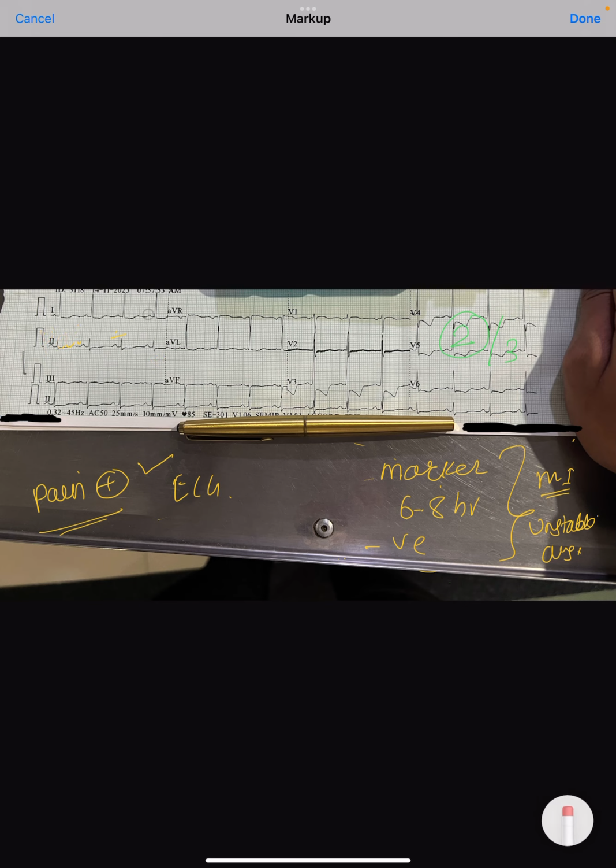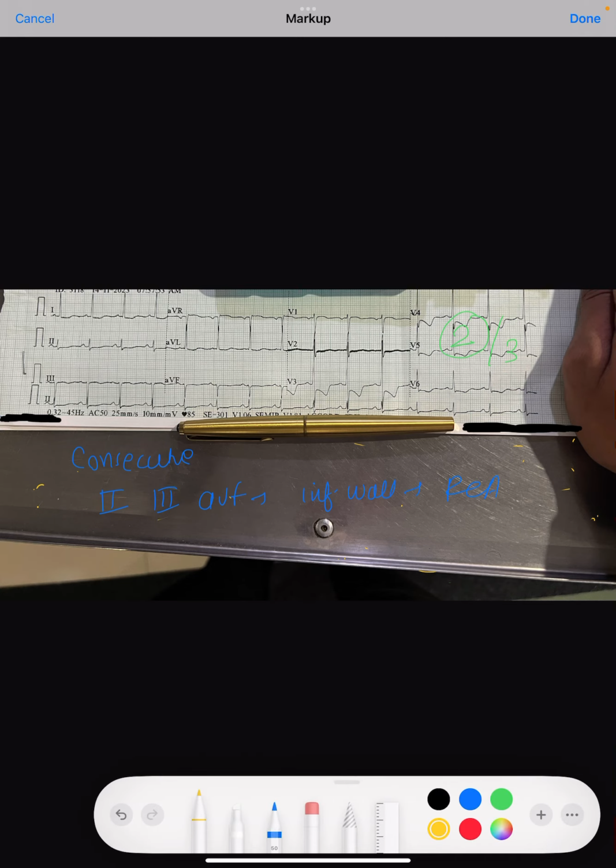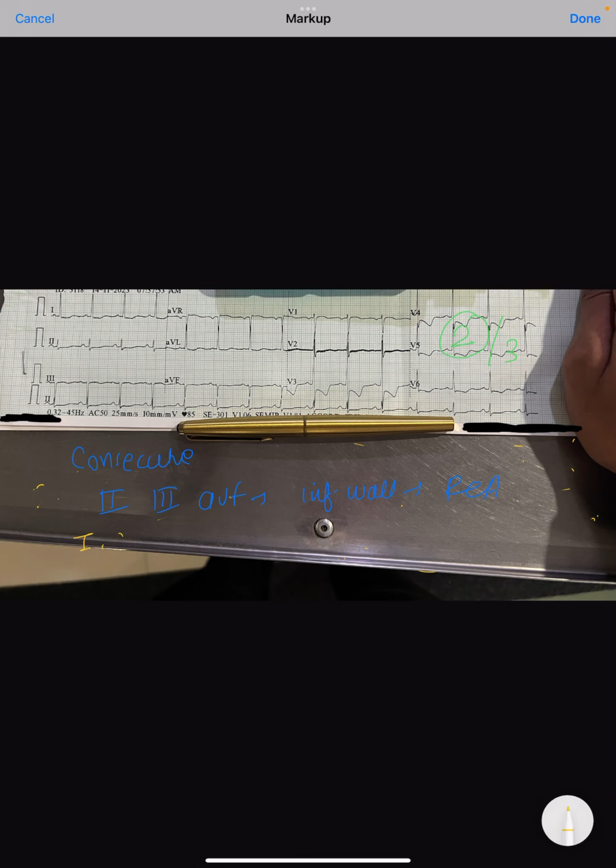Now consecutive leads means the ST elevation has to be in at least 2 consecutive leads, and the consecutive leads comprise of lead 2, 3, AVF, which we call inferior wall leads, and the culprit artery will be right coronary artery in most of the cases. Then lead 1, AVL, and V3 to V6 we call lateral wall, and very commonly the LCX will be culprit in this.